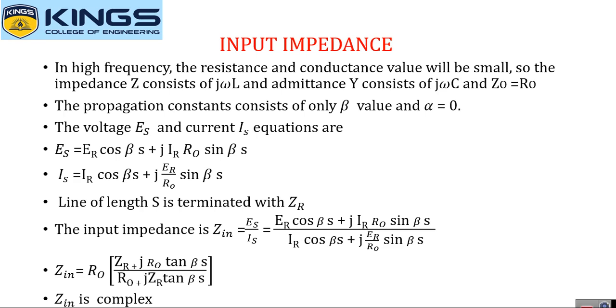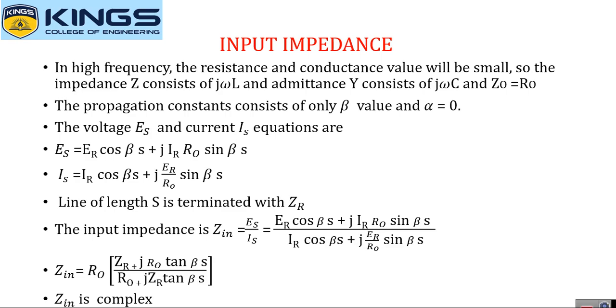The total input impedance Zin equals the ratio between ES and IS, where ES is ER cos beta S plus j IR R0 sin beta S, and IS is IR cos beta S plus j ER by R0 sin beta S. Here we have to solve this ratio. R0 is in the denominator, so we multiply through and R0 goes up. Then we divide all terms by IR, so IR cancels and we get ER by IR, which we know is ZR.